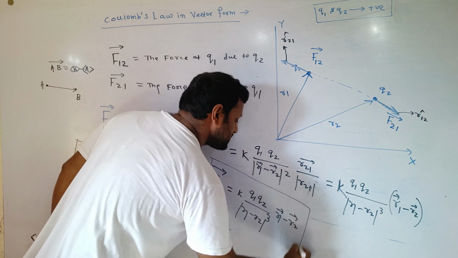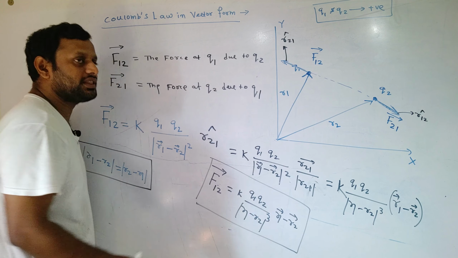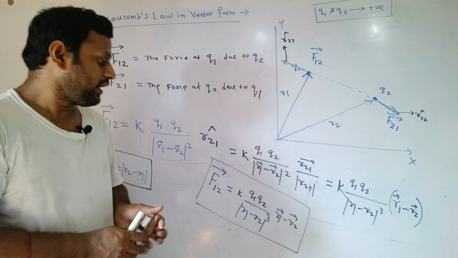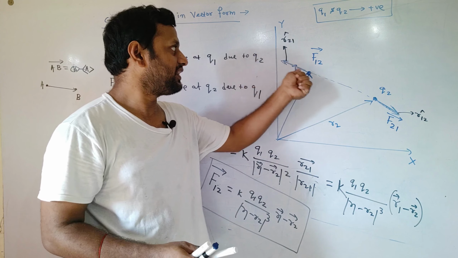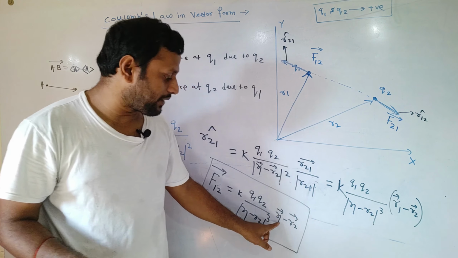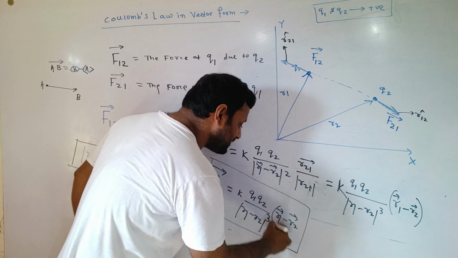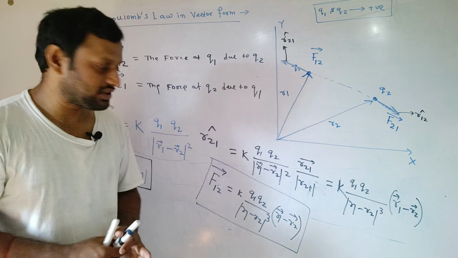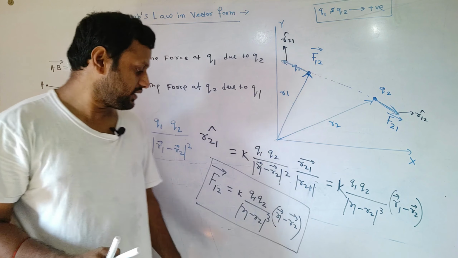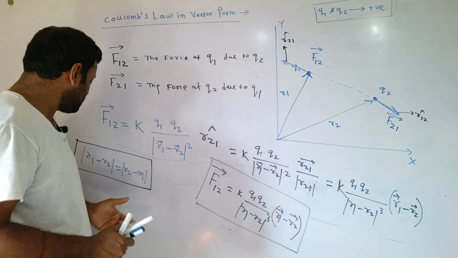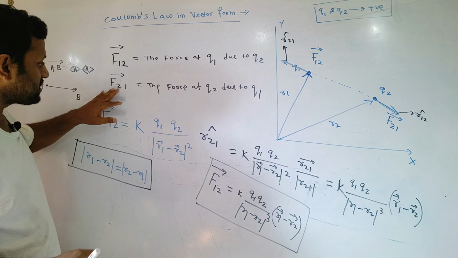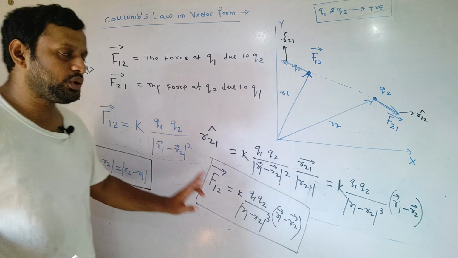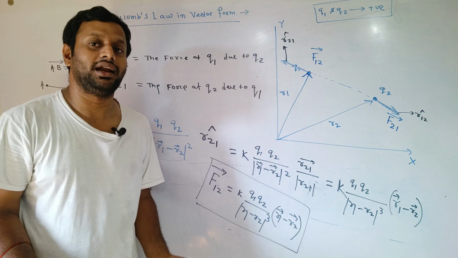This is the force experienced by charged particle 1 due to charged particle 2, and the direction is r21 cap, which can be represented as the vector r1 minus the vector r2, because both are position vectors. In the same manner, you can solve by yourselves the value of F21 and how F21 and F12 are related.